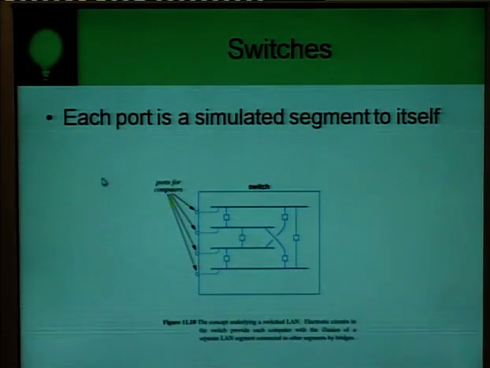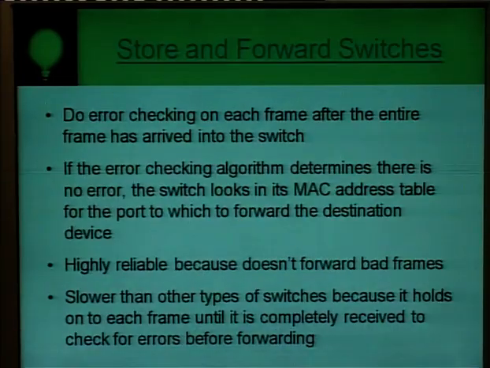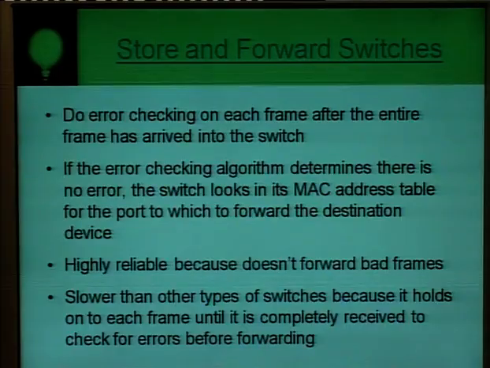Here you see in the switches, each port is a separate segment of the LAN. There are various ports, and computers are connected to the various ports over the switches. The most important property of the switch is store and forward. It helps to do error checking on each frame after the entire frame has arrived into the switch.